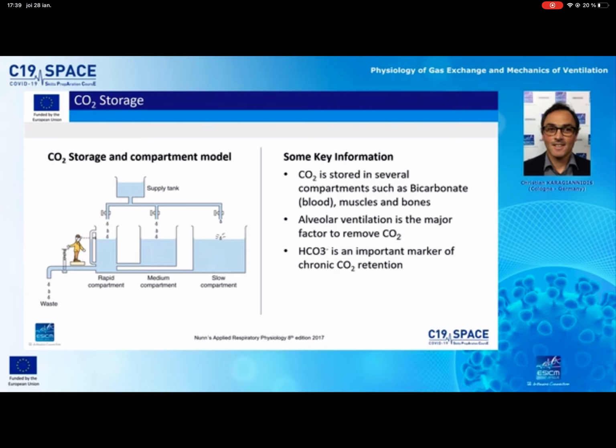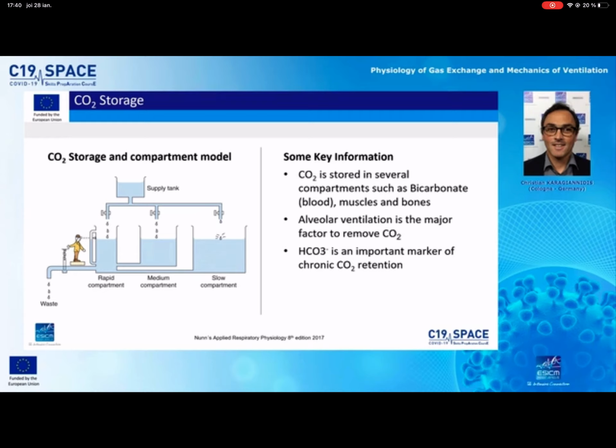For example, the blood compartment and bicarbonate you find in the blood. And on the other hand, you have slow compartments or medium compartments like the bones, which can release bicarbonate and therefore CO2 over time.